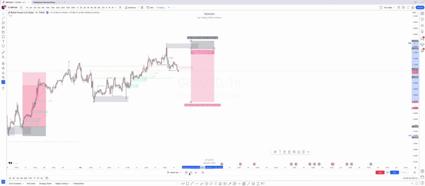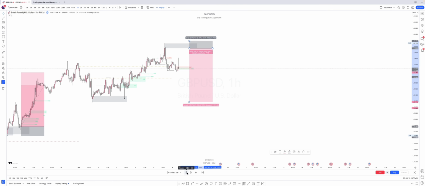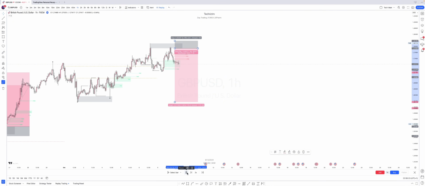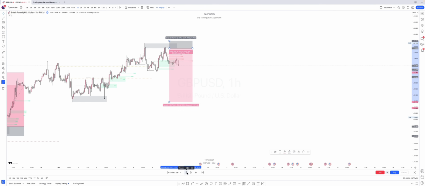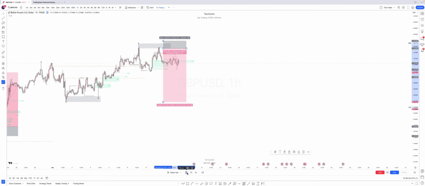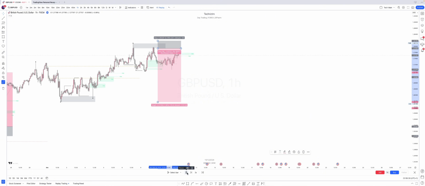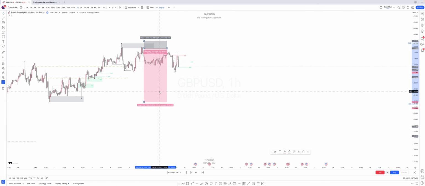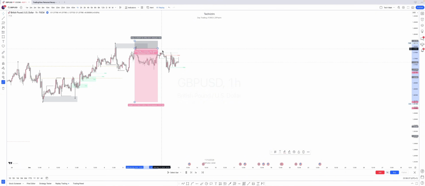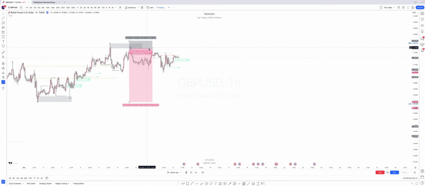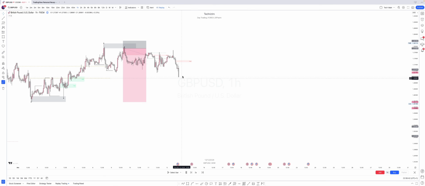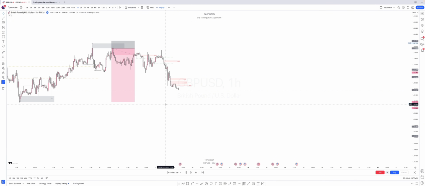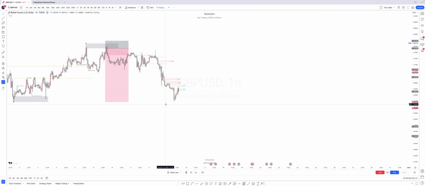So let's play that fast. Okay, we even had our entry before that. Oh, very beautiful setup that actually delivered very cleanly.